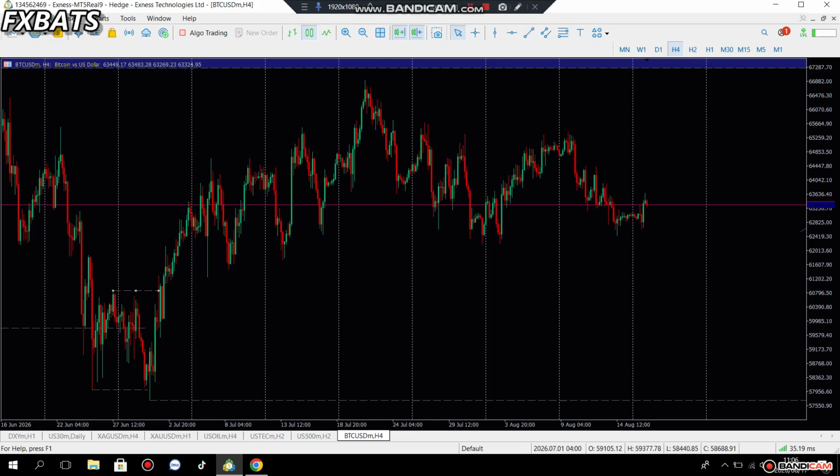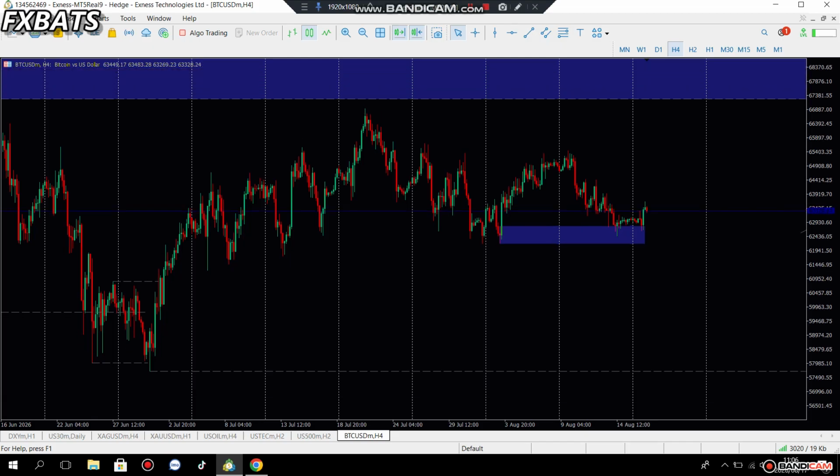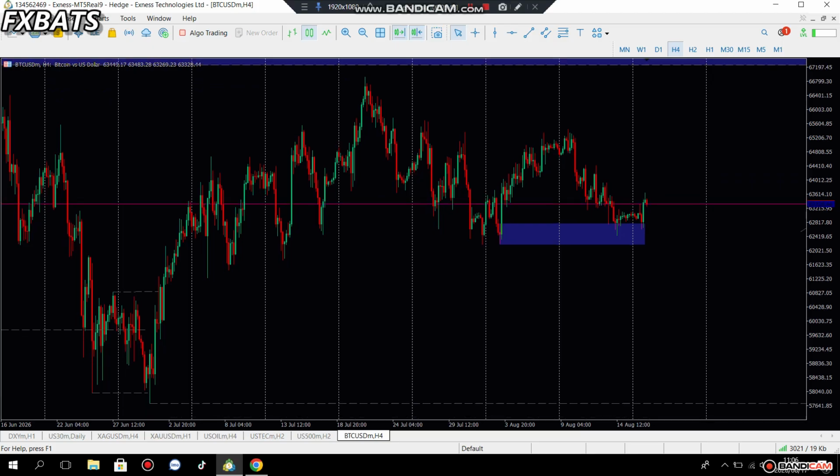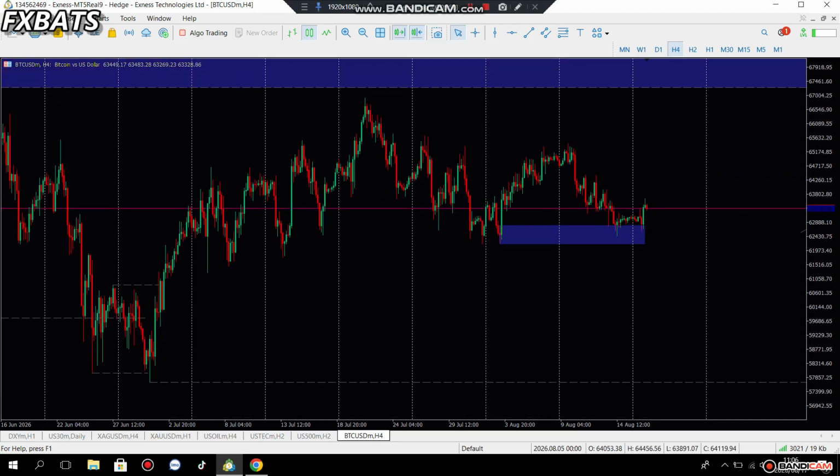On 4 hour, we can see we have a bullish order flow. This bullish trend that we have is currently a counter trend. Bitcoin is not bullish, it's bearish, but depending on what we talked about, we need price to first be able to mitigate these areas of premium that we have on monthly, or this monthly CB.